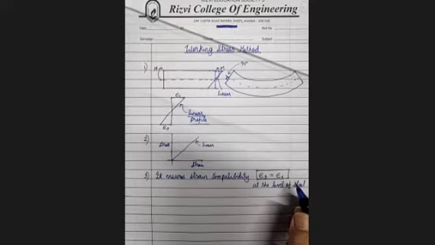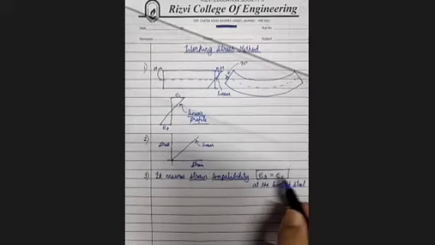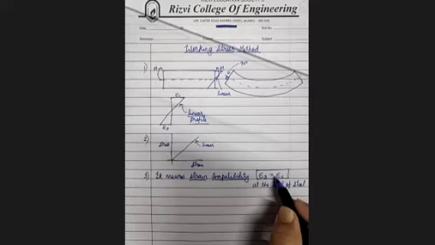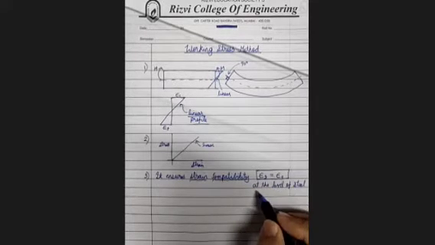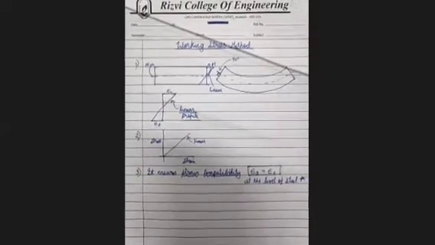I hope you understood this. Your assumption means that there is no slip between steel and concrete. It ensures strain compatibility. This might be asked in competitive exams, so you can easily answer. It implies that the stress in steel is equal to the stress in concrete at the level of steel. This is important: at the level of steel we are talking about.